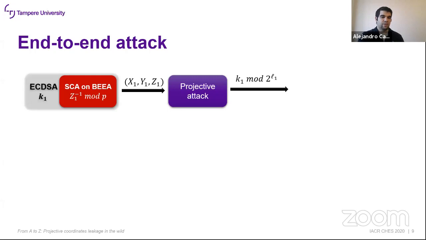The attack roadmap is the following. You capture some ECDSA traces, specifically during the inversion of Z, and from there compute the projective representation of the point. After that, you feed that to the projective attack algorithm, and hopefully, for an attacker, he can recover some bits of the scalar.